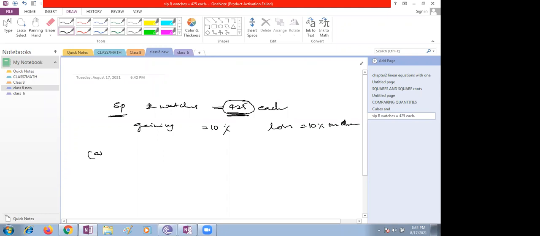How much is he gaining on the first watch? 10% means how much? 42.5. So the total amount for the first watch is 425 plus 42.5, which is 467.5. This is for the first watch.